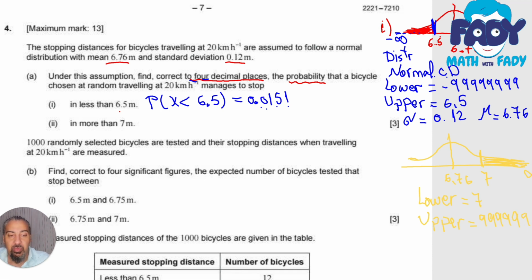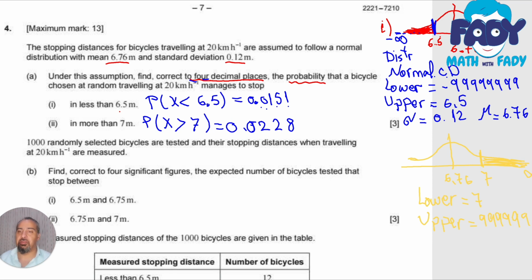You also insert the standard deviation 0.12 and the mean 6.76. Calculate, execute. So the probability that x is more than 7 will be 0.0228. This is the probability.